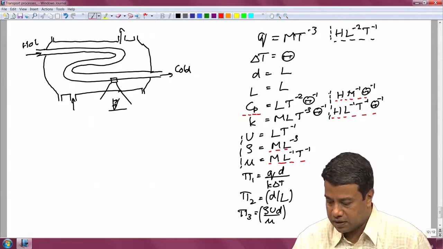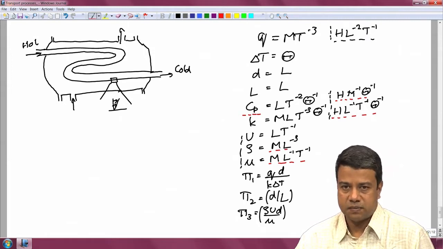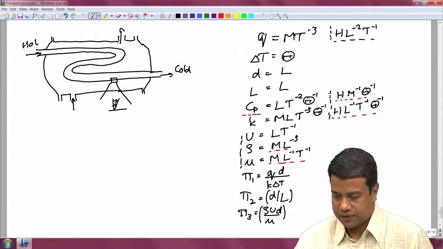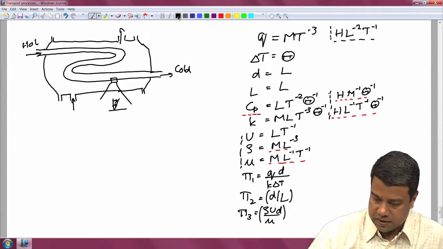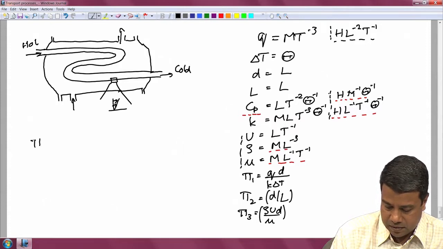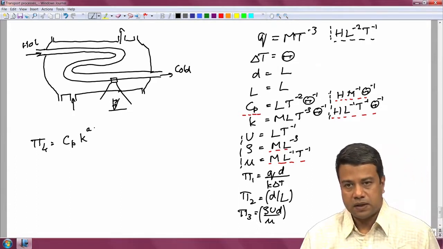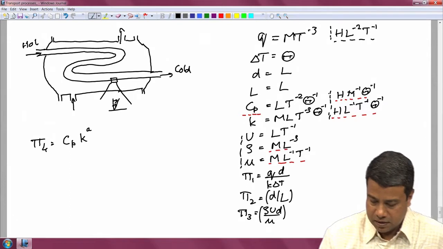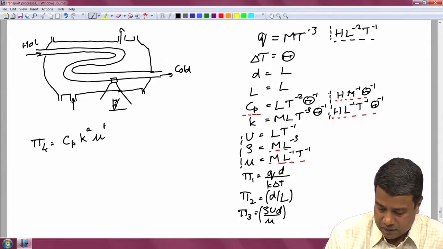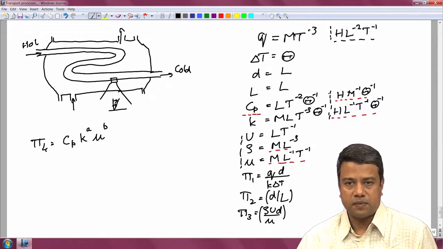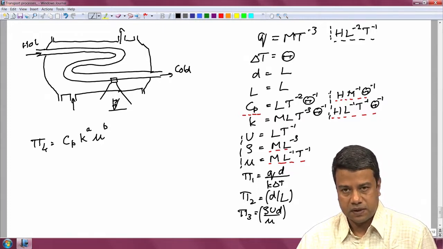In this case, I will choose the viscosity, but you could very well have chosen the density as well. So, the dimensionless group that I will assemble is equal to Cp. It has to have thermal conductivity in it for the thermal energy dimension, the viscosity in it for the mass dimension, and then of course there is length, time and temperature, for the length dimension, the time dimension and the temperature dimension.